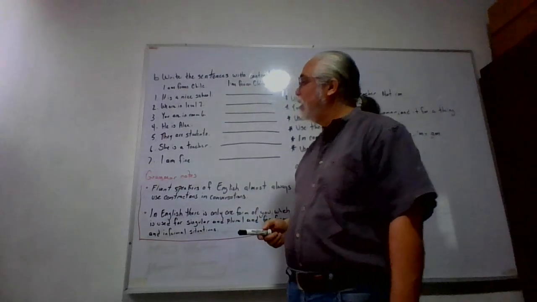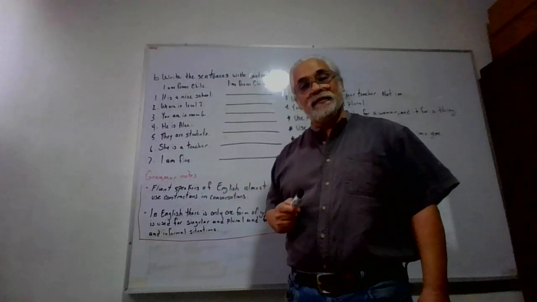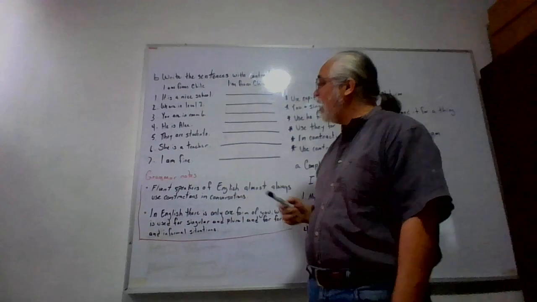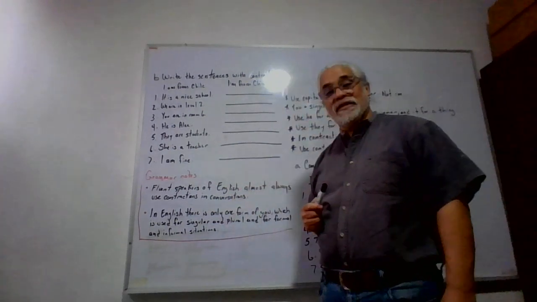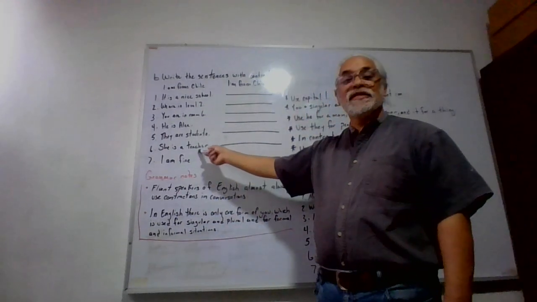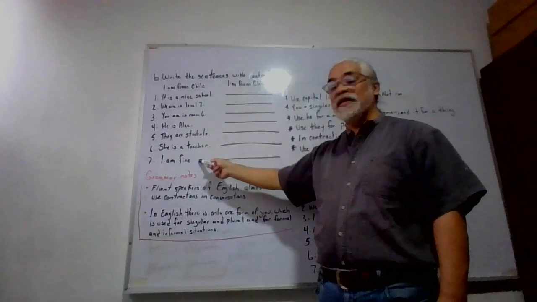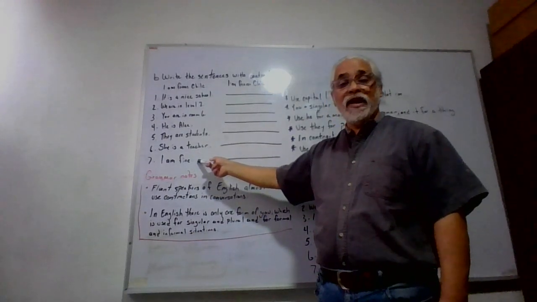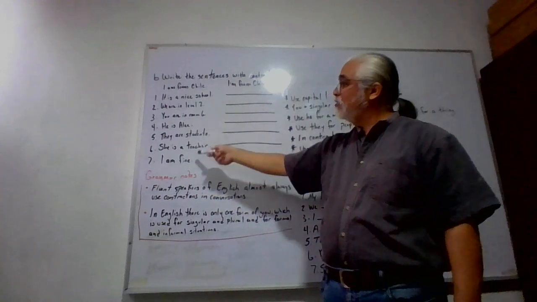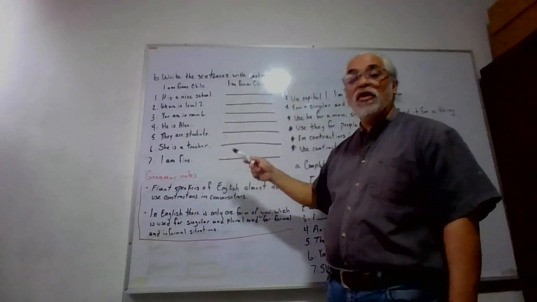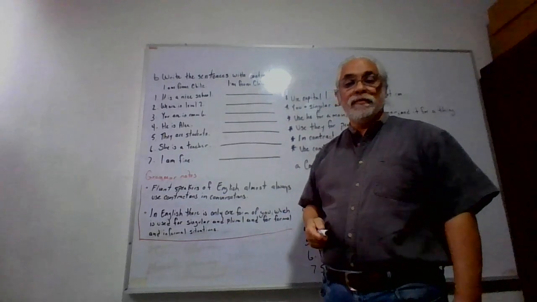Number 4, he is Alex. Number 5, they are students. Number 6, she is a teacher. And number 7, I am fine. All of these here in contraction form.